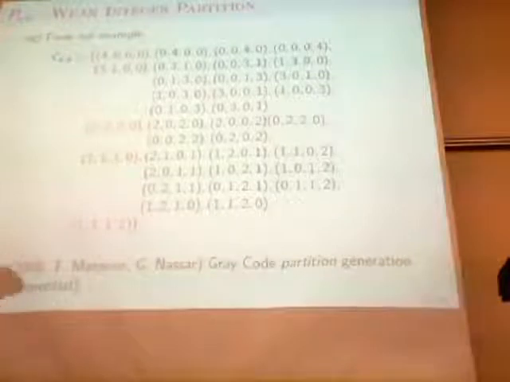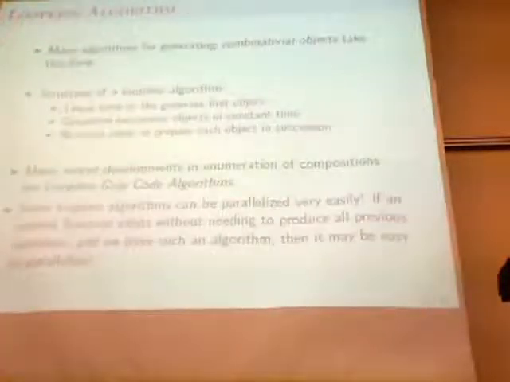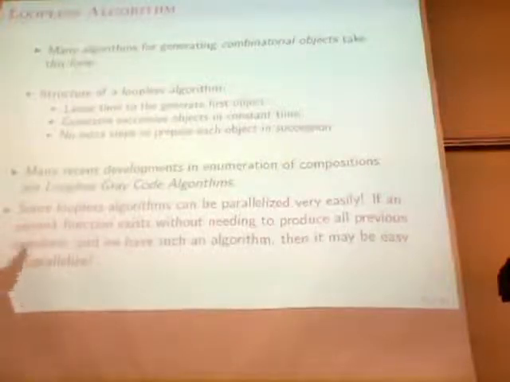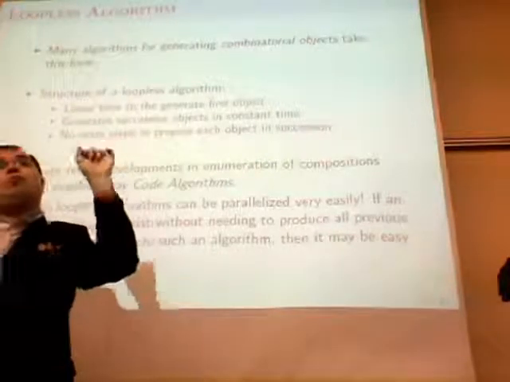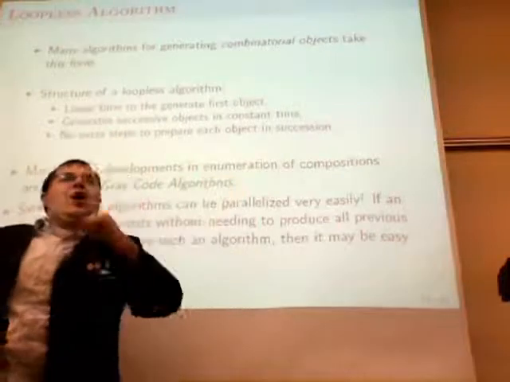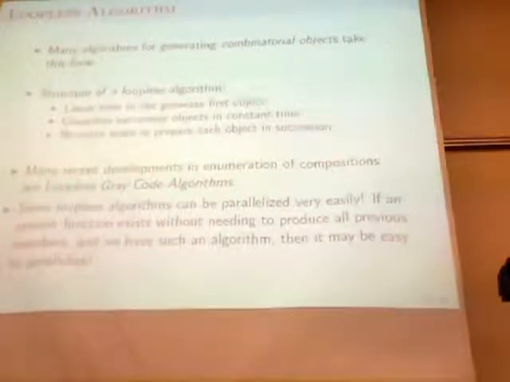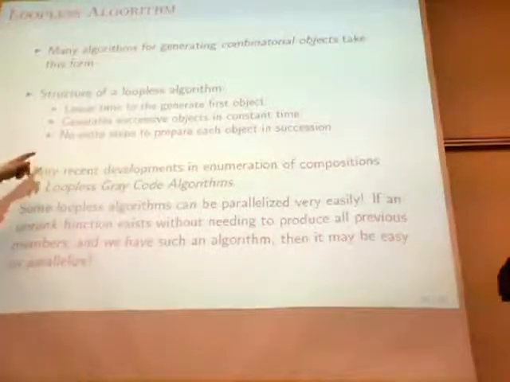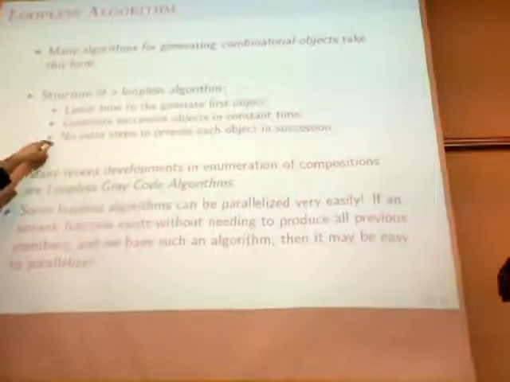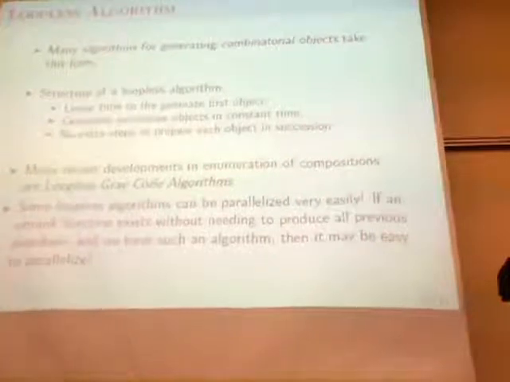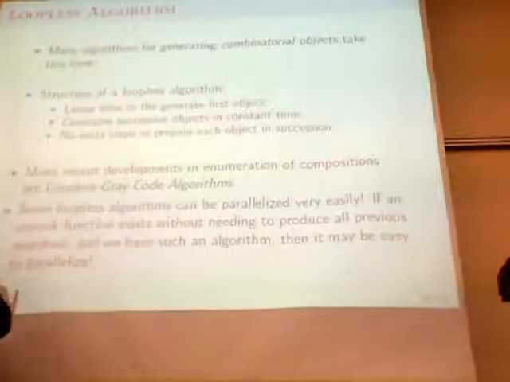So I'm allowed to take as much as linear time to generate that first object. Now, every other object, on the other hand, once I have the first one, I'm only allowed to fiddle around with that particular object I've just created, and I have to do it in a constant number of steps. One other thing to point out, you're not allowed to put more and more work in between each one of these. It has to be constant.